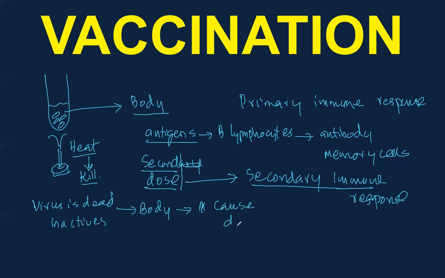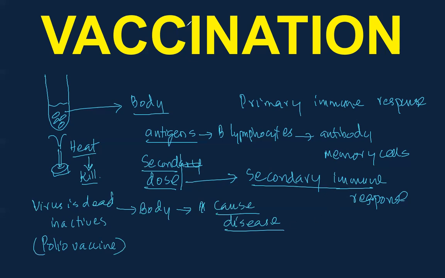There's a high chance for a viral vaccine to cause disease. This actually happened in the case of the polio vaccine. When people were given the polio vaccine, they actually got polio from the vaccine because it had inactivated virus. This technique doesn't work with viruses.